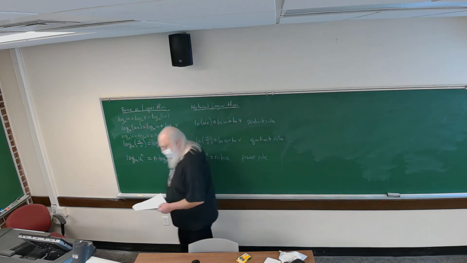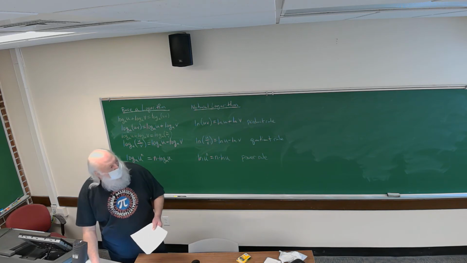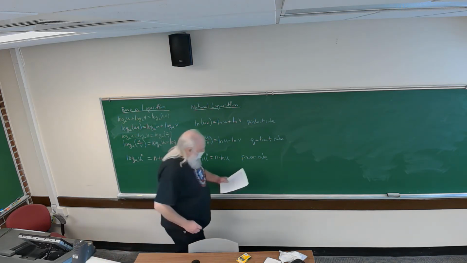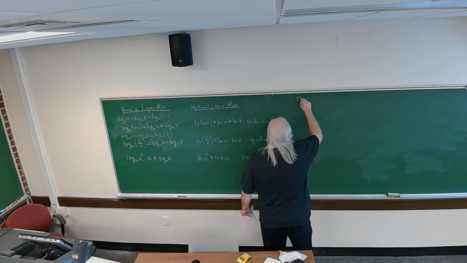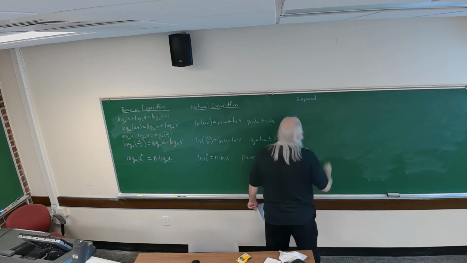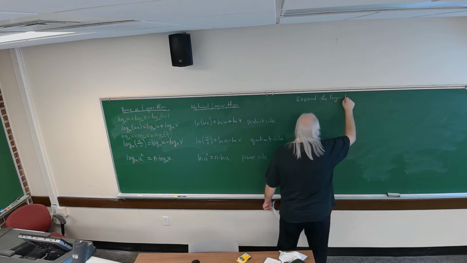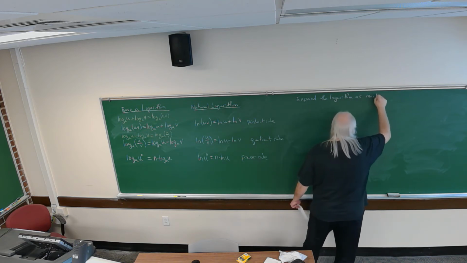All right. So in example 8, it says use the properties of logarithms to simplify each expression so that the result does not contain logarithms of products, quotients, or powers. Another way of saying the instructions is we're going to expand the logarithm as much as possible.